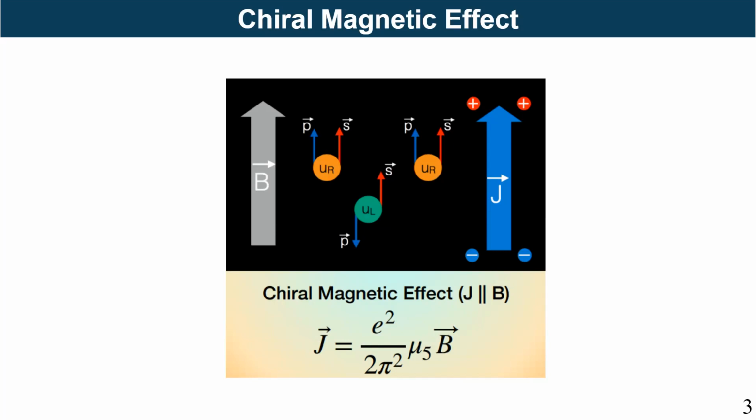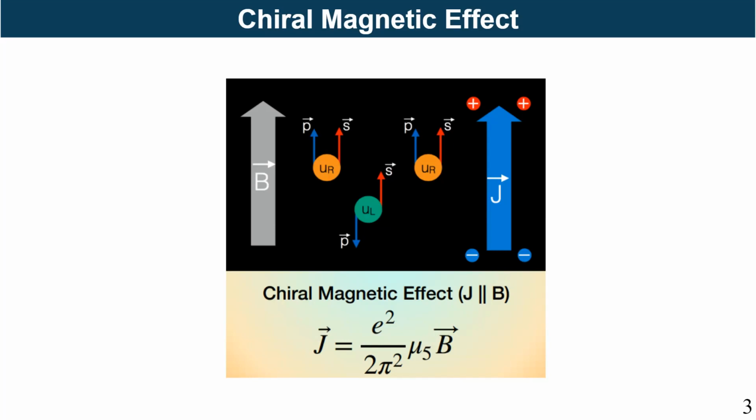But if it's a d quark, spin should be pointing down. Then if we have more right-handed quarks, that means momentum will follow spin direction. So as a result, you will see an electric charge separation in the same direction as the magnetic field. But if you have more left-handed particles, the direction will be reversed.